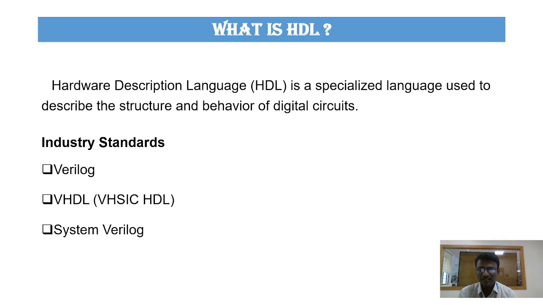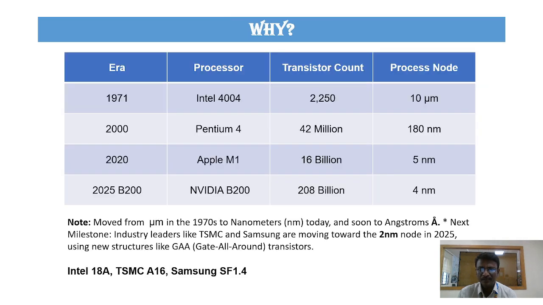Now we are going to discuss Verilog. First of all, you want to know why we go for this. In 1971, Intel introduced the 4-bit processor 4004. It has a count of 2,250 transistors and uses 10 micrometer technology.